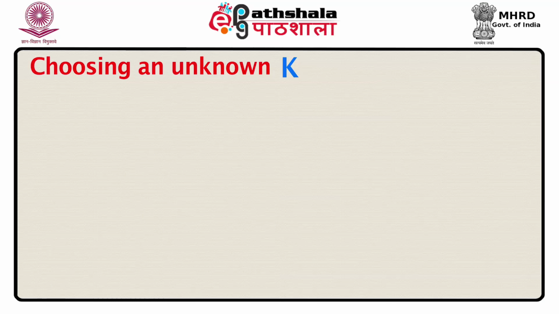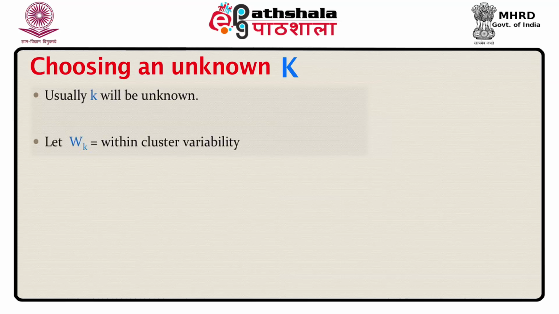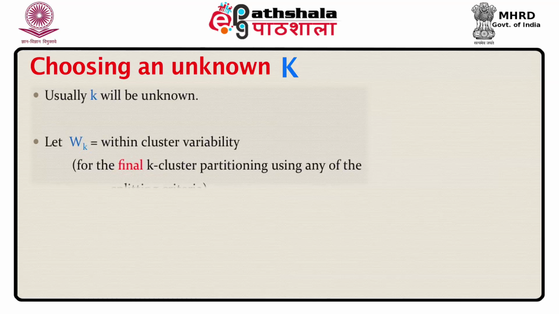Next we'll be looking at how to choose the number of clusters K. Usually K would be unknown, as we said. Now let Wk be the within cluster variability. So W was the within cluster variability, and now we have a suffix K which tells you that we are looking at K clusters. So suppose we pre-decide that we have 3 clusters, so we look at W3.